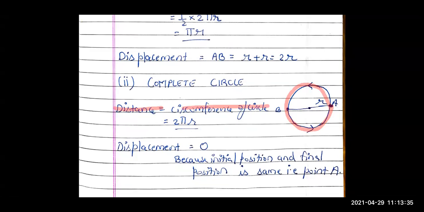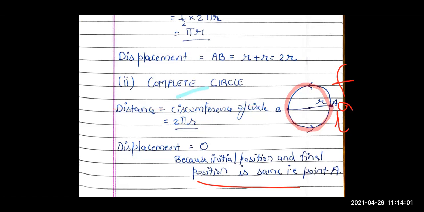So it is the circumference of the circle, that is 2 pi r. But what about the displacement? Initial position is A. Final position is also A. So the shortest distance between A and A, at the same point, is 0. So the displacement in this case is 0, because the initial position and the final position are the same. That is your point A.